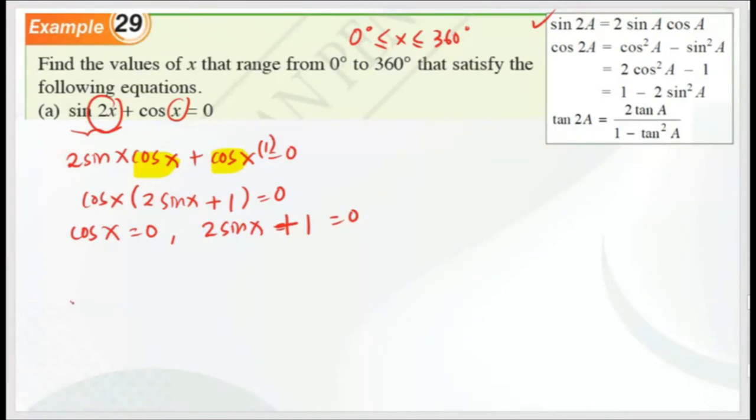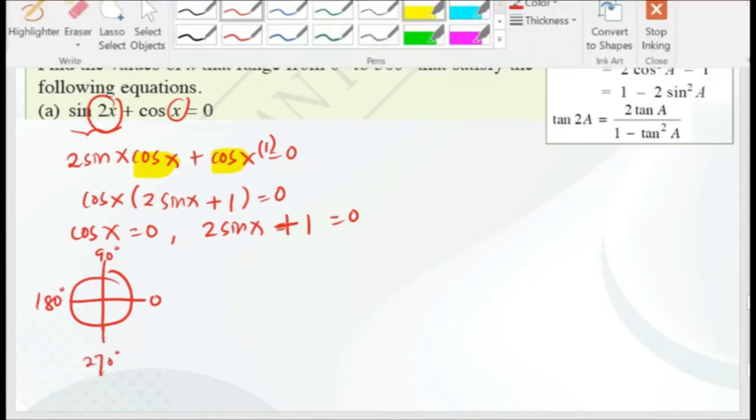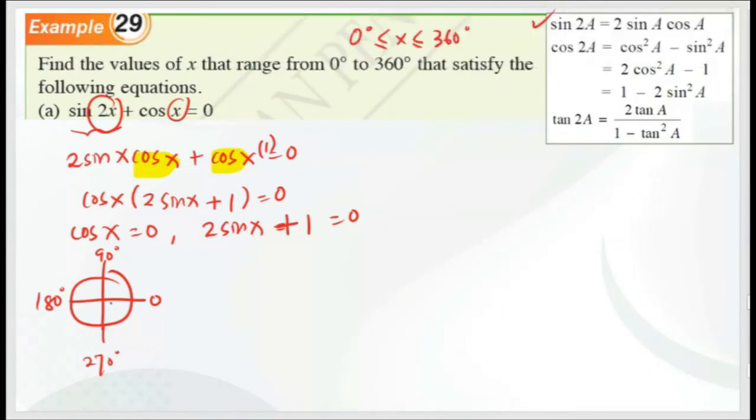This one, you can use the unit circle to solve the question. Unit circle: 0, 90 degree, 180 degree, 270 degree. Cos x is the x coordinate, and sin x is the y coordinate, remember.